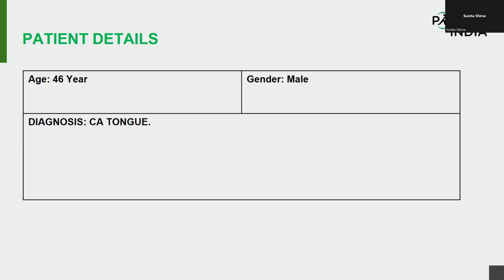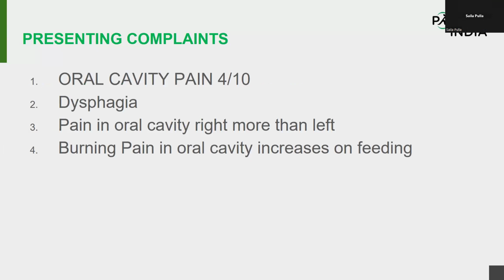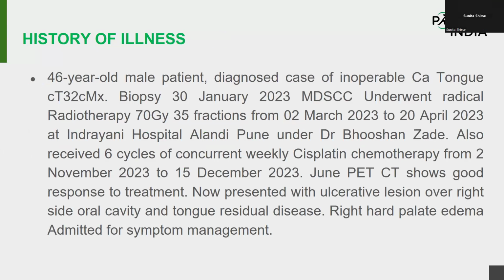Today I am presenting a case of carcinoma tongue. Presenting complaint: pain in the oral cavity, 4/10 as per NRS scale, dysphagia, pain right more than left, burning pain in the oral cavity, decreased feeding. A 46-year-old male patient, diagnosed case of inoperable carcinoma tongue, biopsy 13 January 2023, MDSCC.